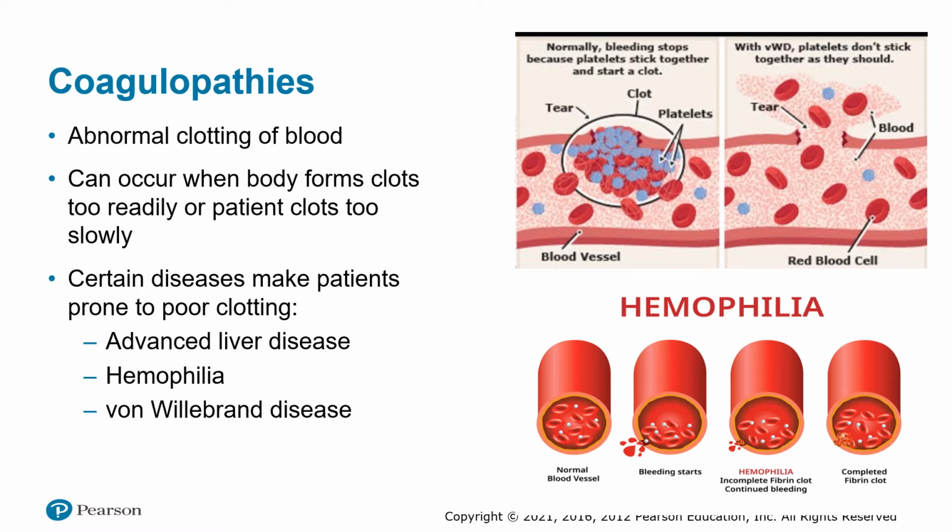Those clotting factors that I showed you in the previous slide, one of those will be an issue. A typical one is factor 8, where you can't produce the clotting factors that you need to stop a bleed.